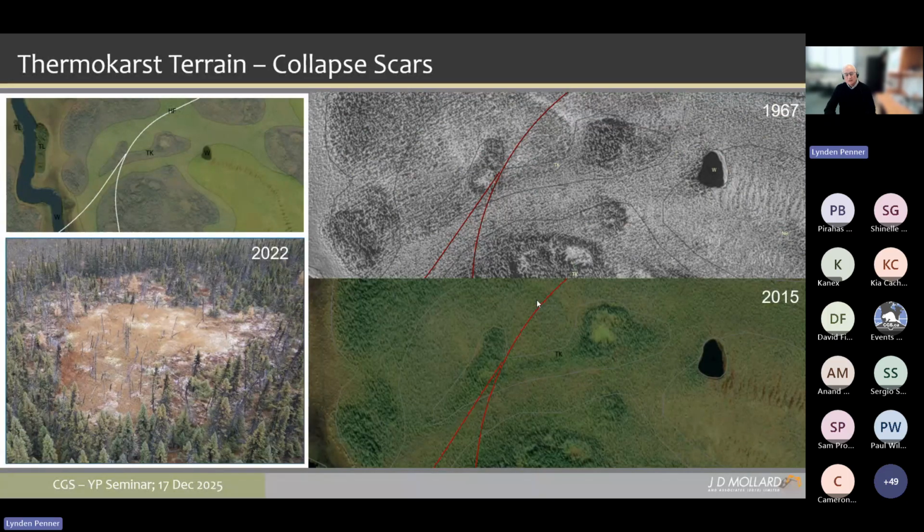This is an interesting one, in this area in southern northern Ontario where we're working on a project right now. This is a photograph that I took in 2002 of what I thought was a collapse scar as we were flying over the area.